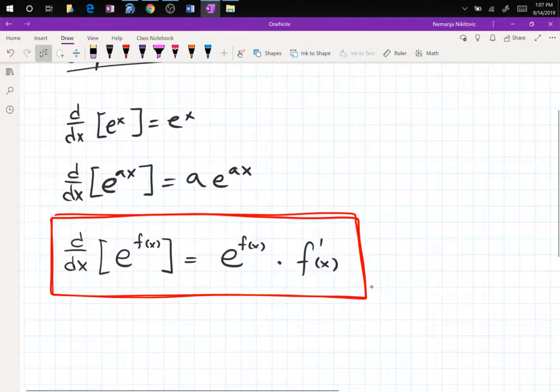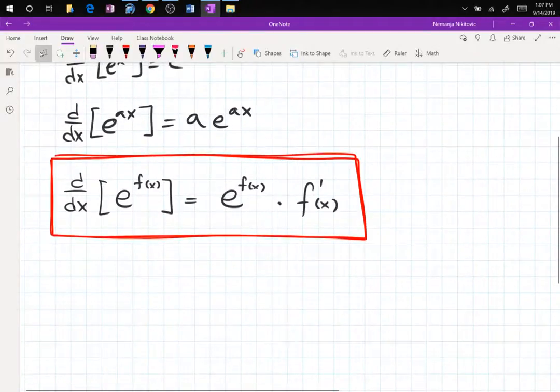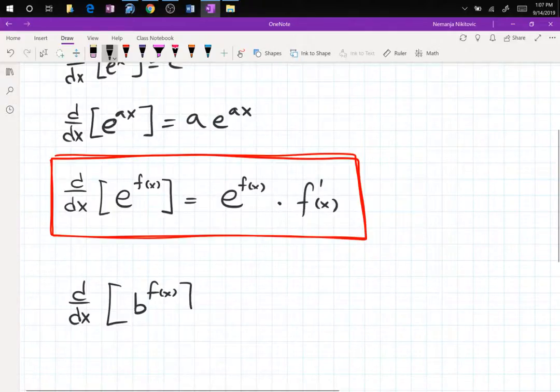So the boss equation is going to be the general case. The general case is the derivative of any base b raised to any function f. So this one gives you the most freedom. However, it's not used a lot because nature works with e or 10. Well, that's going to work for 10, obviously.